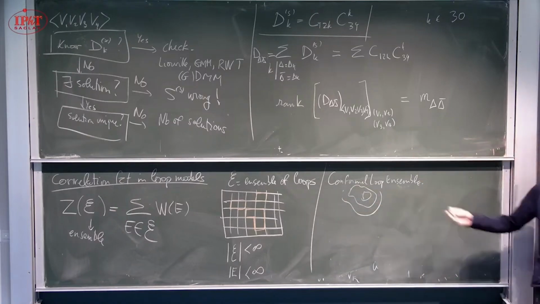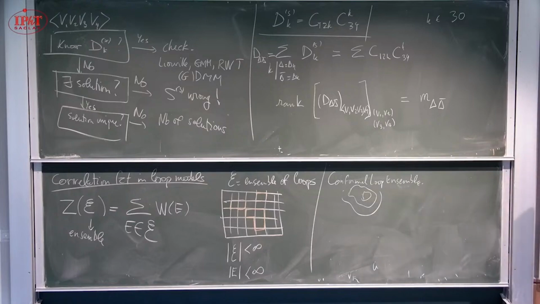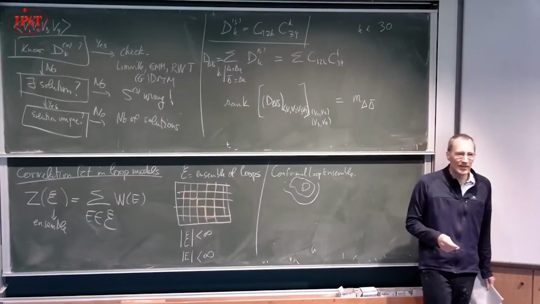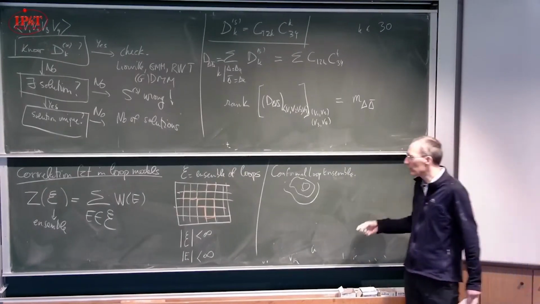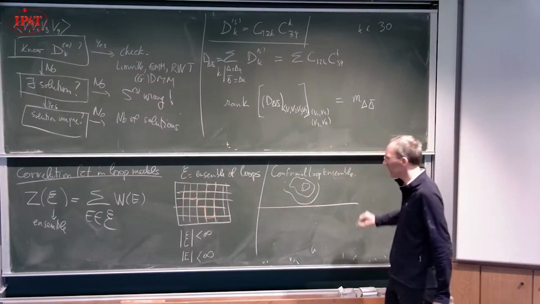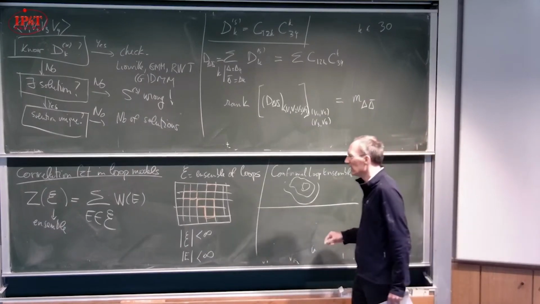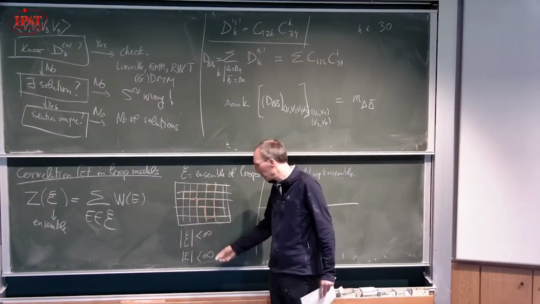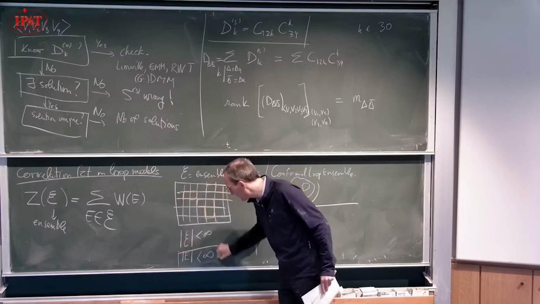And from the start, you have conformal symmetry. The problem, however, is that you have infinitely many configurations, and I think even infinitely many loops per configuration. So I will be a bit agnostic about this, and I will just assume that I have some ensemble of loops with finitely many loops in each configuration.